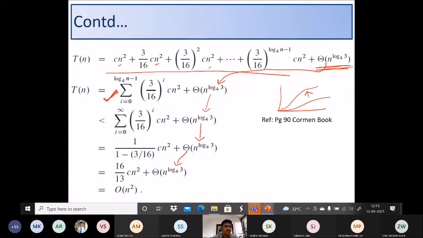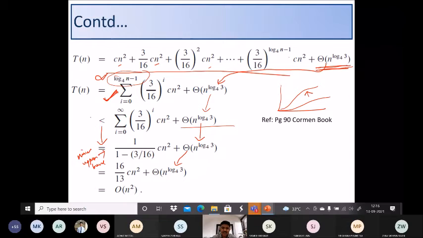I am not focusing on the minimum upper bound right now. So it should be i equal to 0 to infinity, so it can go to infinity, of (3 by 16) to the power i times n squared, plus this term, and I can't do anything with that. Now this is a mathematical formula we all know. So I am trying to take the minimum upper bound here.